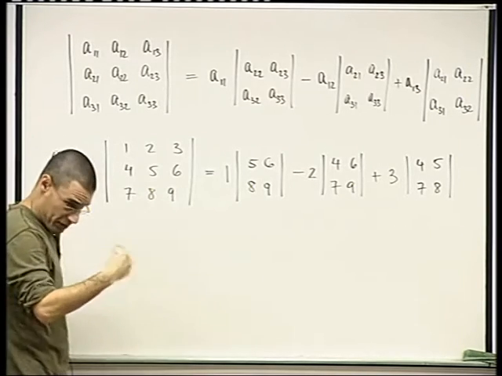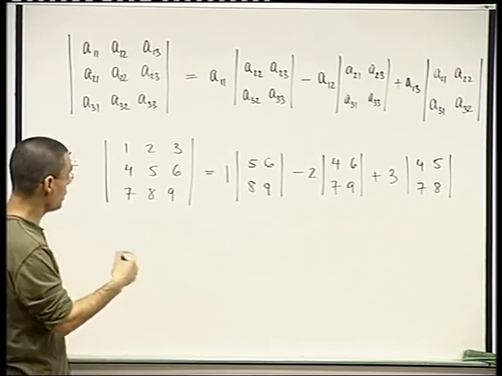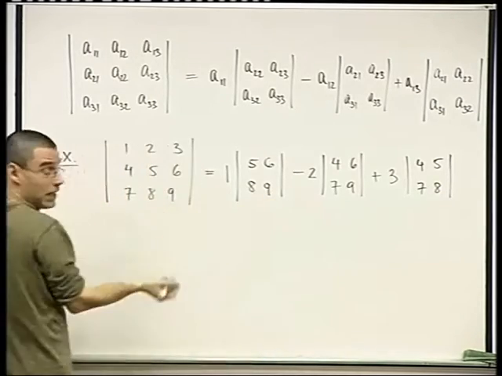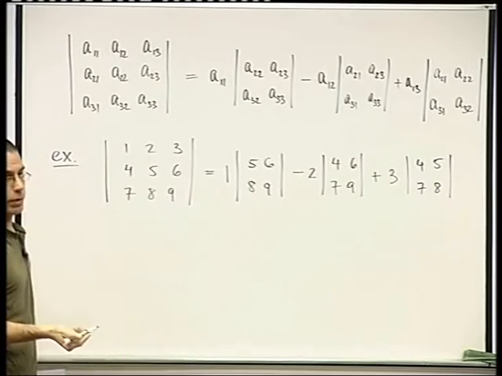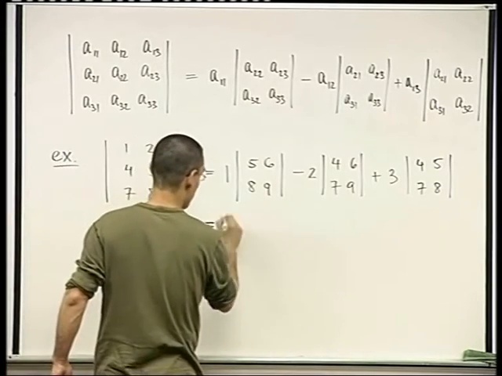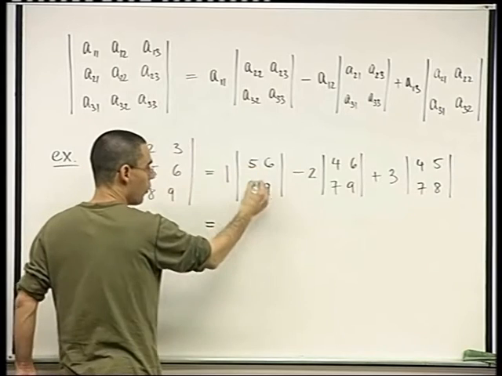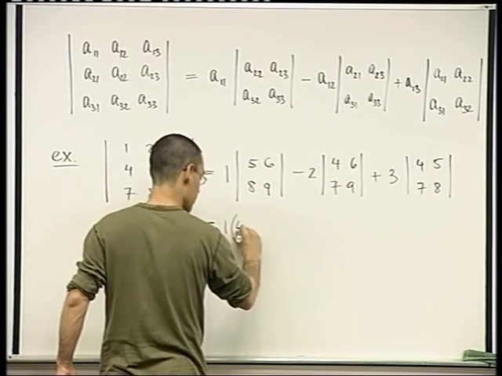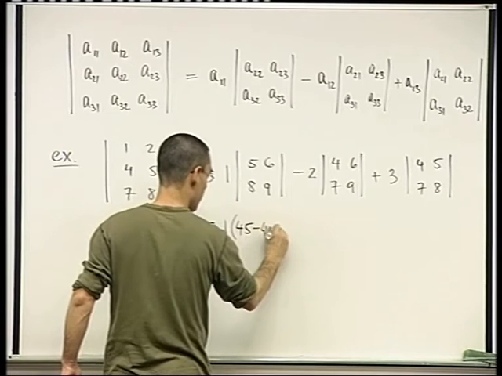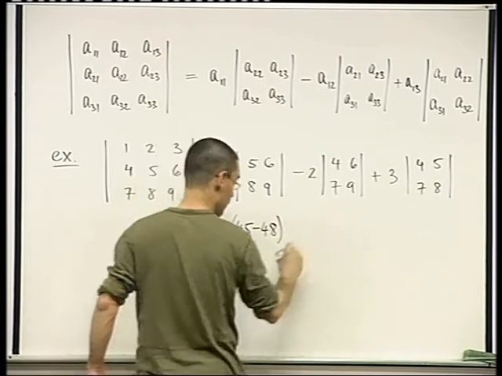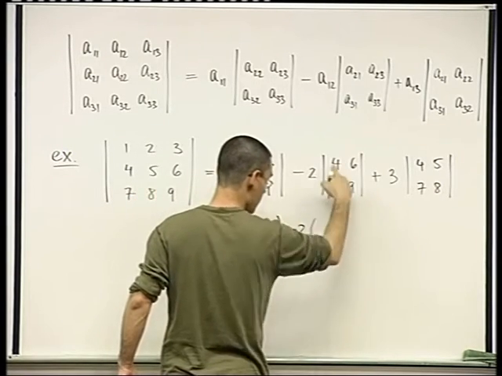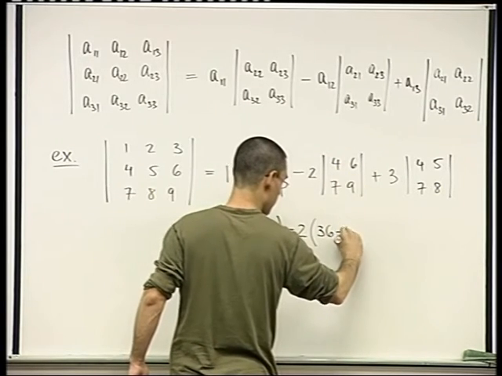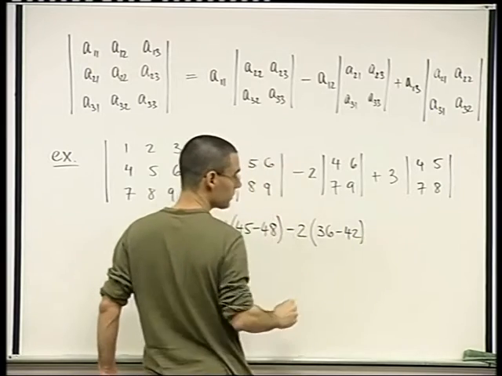We're going to have some terminology and notation for this stuff in a minute. And now I want to actually calculate the determinant, so I have to go through the process. So it's 1 times, 45 minus 48. Minus 2 times 4 times 9 is 36, minus 6 times 7 is 42.